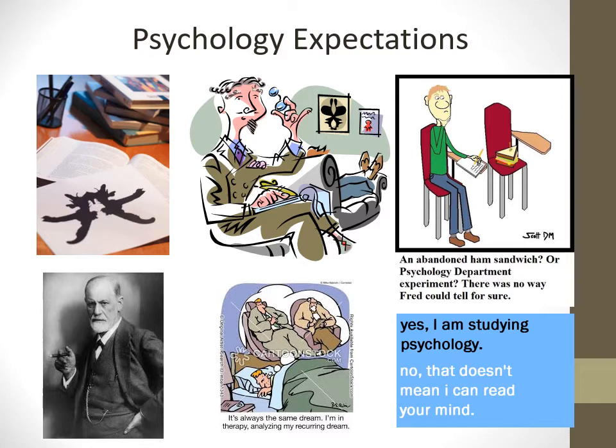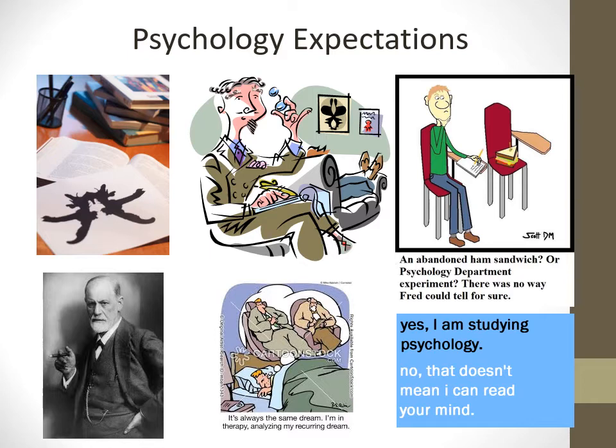The second one is laying on the couch, which is a lot of preconceptions about therapy. The next one shows the abandoned ham sandwich, and it could very well be a psychology test.